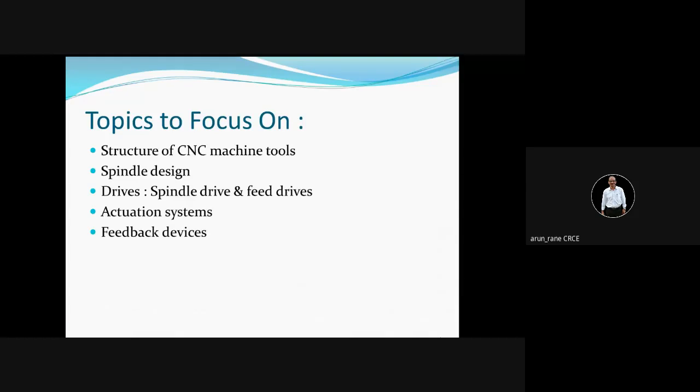It is nothing but your motors, whether you are using DC motors, AC motors, or hydraulic cylinders. Then feedback devices. CNC machines are always closed loop control, so how the feedback is given, whether you are using encoders, tacho generators, or linear scales.